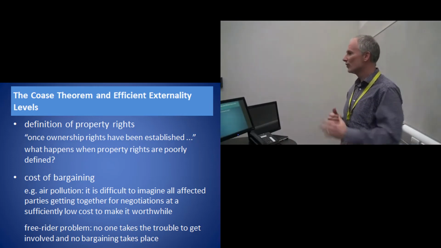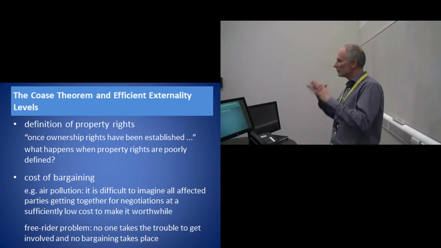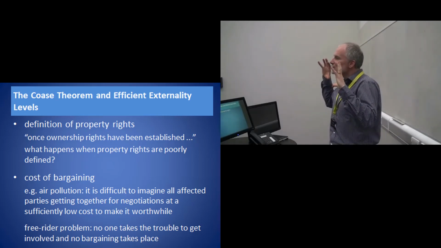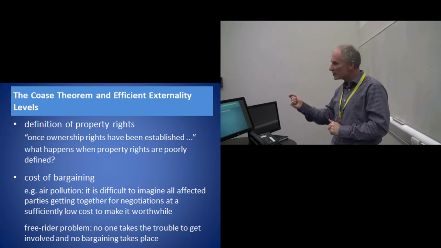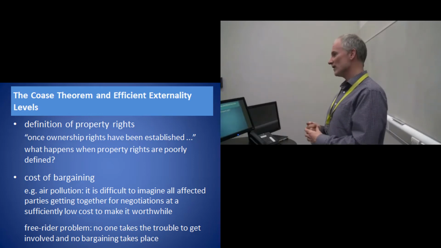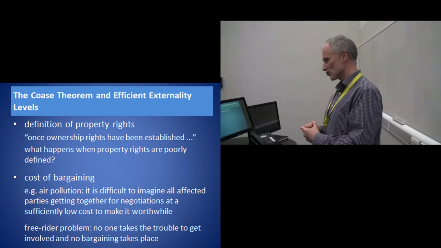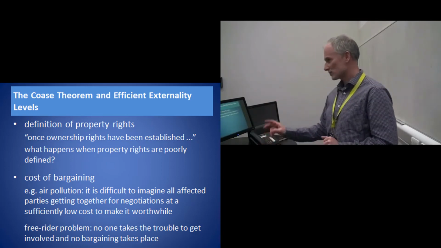And that's what I want to do for this last part of the lecture now, before you have a break, is go through scenarios that would arise, practical problems that prevent the Coase theorem leading to these Pareto efficient outcomes that we've just described. So I'm only going to go through 4 different aspects.